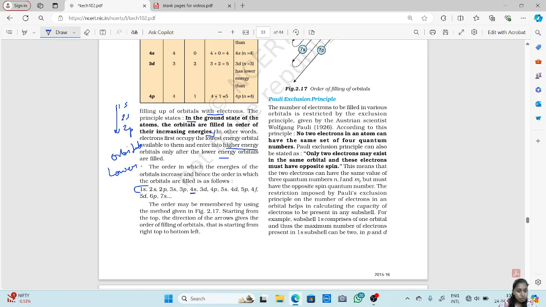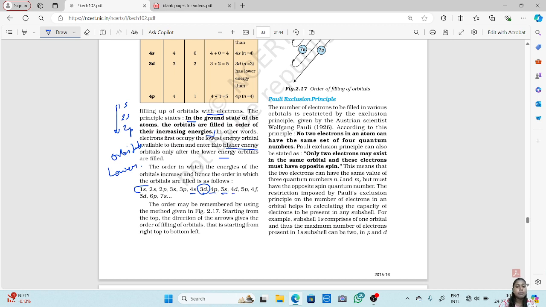After 3p you have 4s, then 3d, because 4s has relatively lower energy than 3d. That's why first it will fill up the 4s and then go to 3d, because 3d has more energy than 4s. As the principle says, first the lowest energy orbitals are filled, then they go to higher energy orbitals. Therefore 4s is filled first and then 3d, then 4p, 5s.